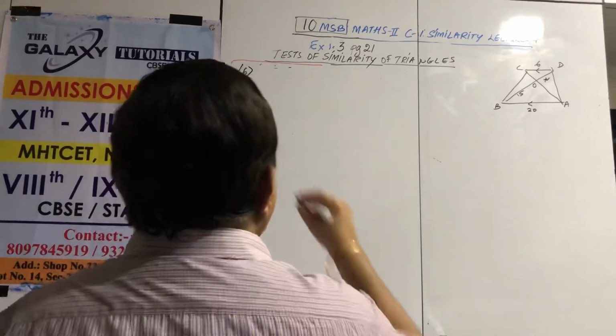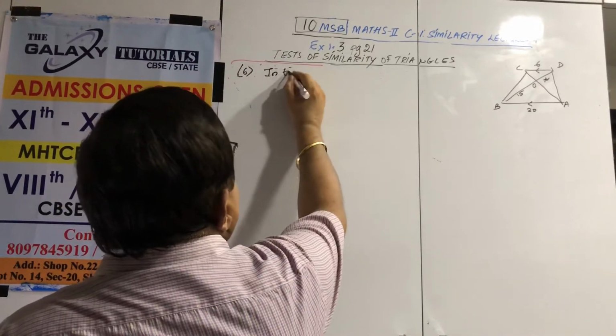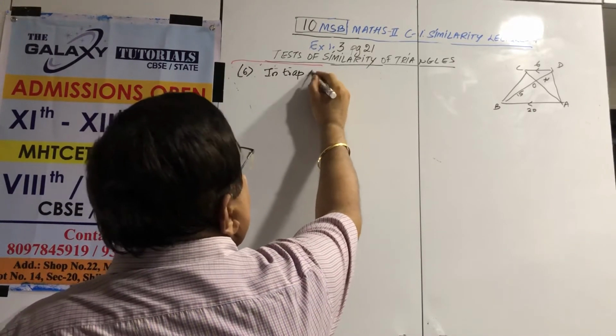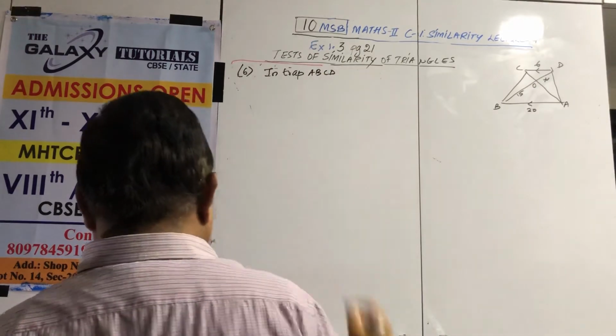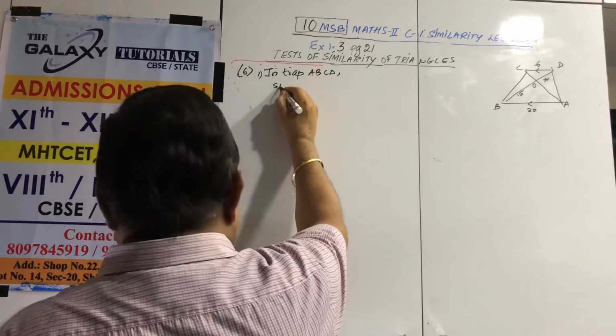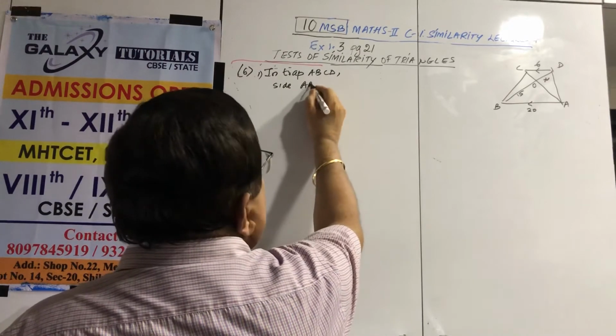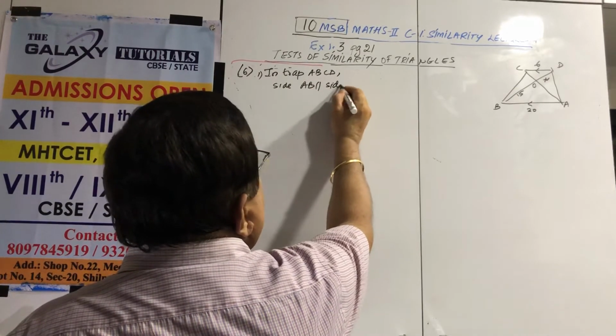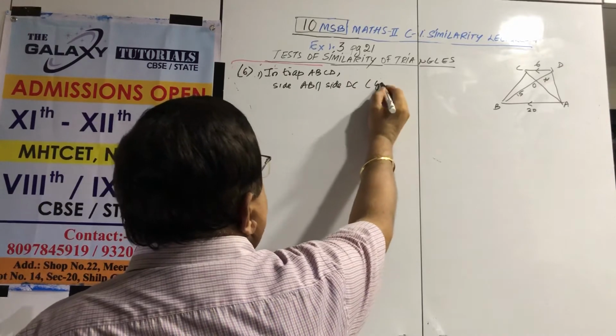Okay, so we'll start. In trapezium ABCD, first, side AB is parallel to side DC, given.